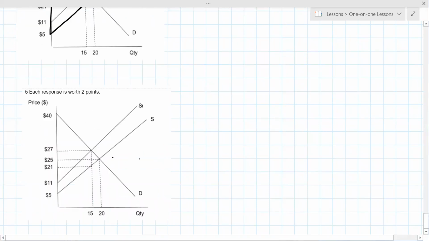So your price was 25, and your price now is 27. So I want to say it's a $2 tax.